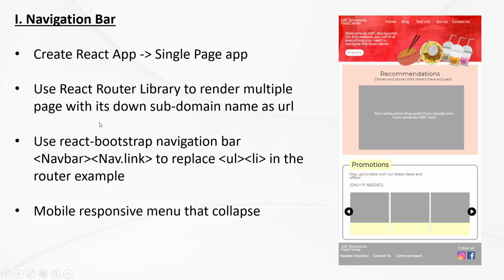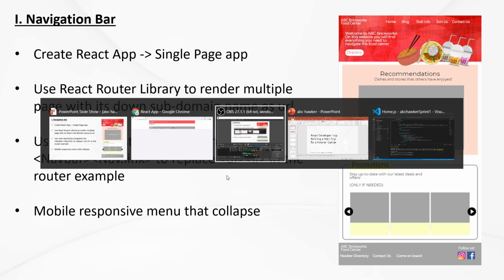And I'm going to use React-Bootstrap navigation bar to replace the unordered list and list items, which is the dot in the router example. So let me jump into my code.